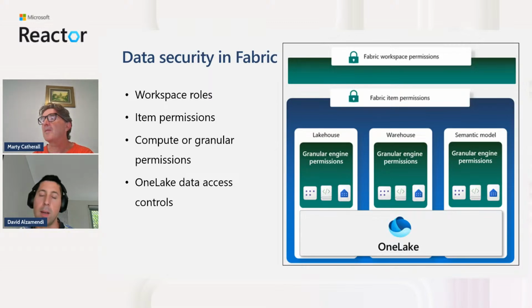That means that if you assign access at the domain level, a user will have access to see multiple workspaces and all the items within all those workspaces. But at the workspace level, remember that you have the Power BI roles, where you can define an admin, a member, a contributor, or a viewer. So those are the 4 levels of access that you have at the workspace level.